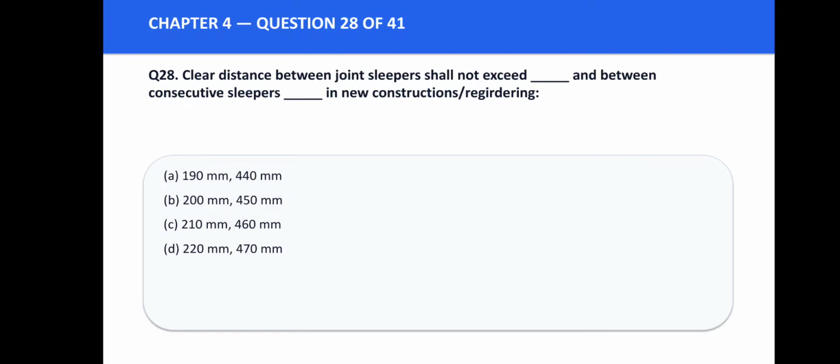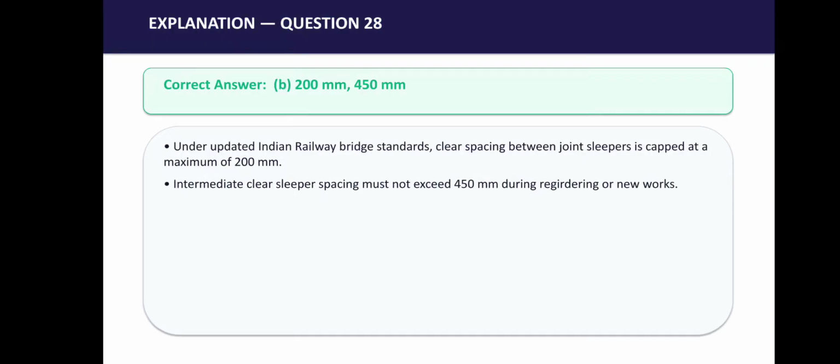Option D, 220 millimeters and 470 millimeters. The correct answer is option B, 200 millimeters and 450 millimeters. Explanation. Under updated railway bridge standards, clear spacing between joint sleepers is capped at 200 millimeters maximum, while intermediate clear sleeper spacing must not exceed 450 millimeters.